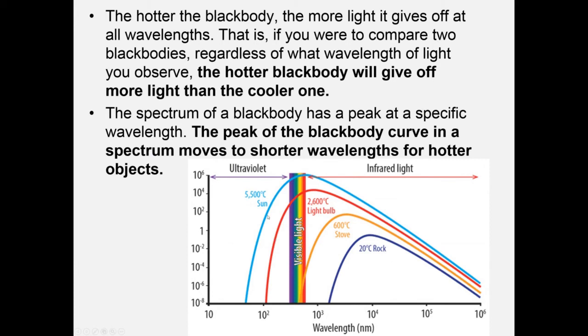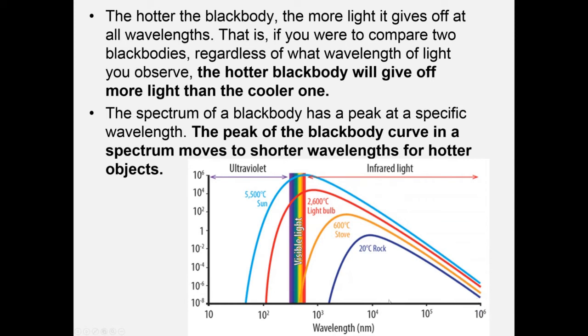Notice the hotter the object, so a sun compared to the light bulb, compared to the stove, compared to a rock, the hotter object puts out more light at every wavelength. So notice at a million nanometers, the sun puts out more energy, higher intensity than a light bulb, which is putting out more than the stove, which is putting out more than a rock.